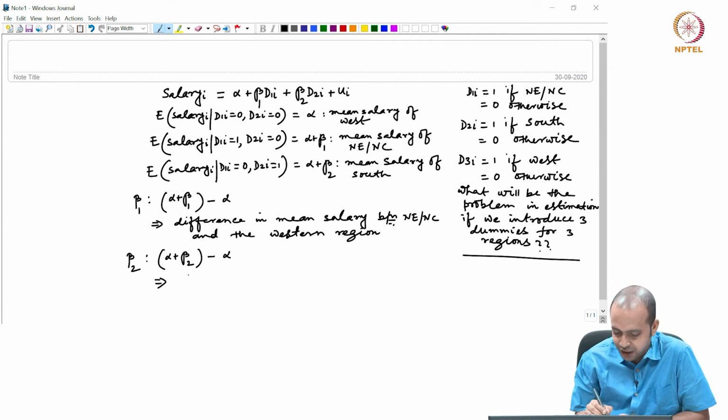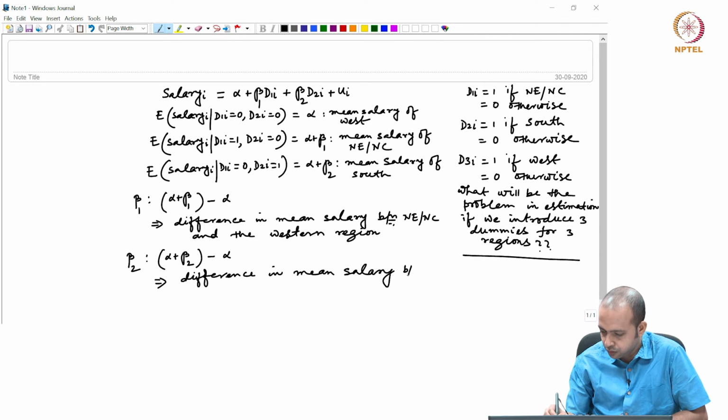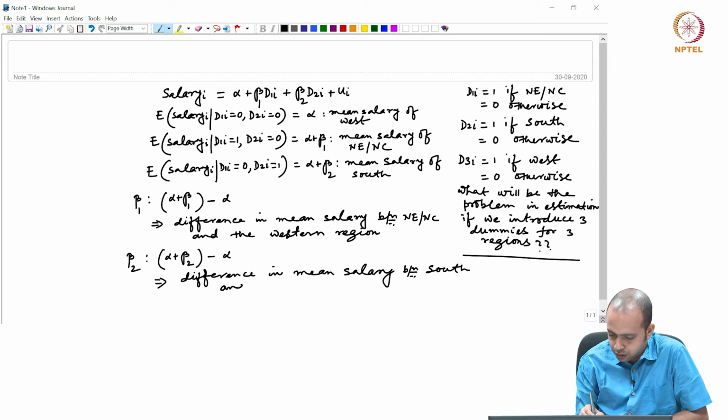So, beta 2 indicates difference in mean salary between south and the western region.